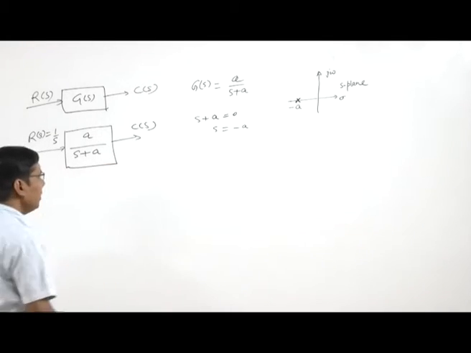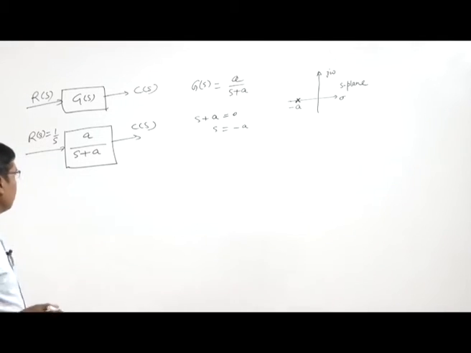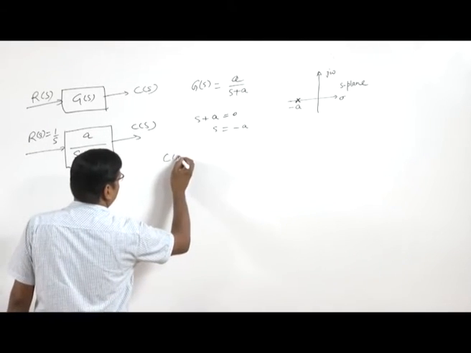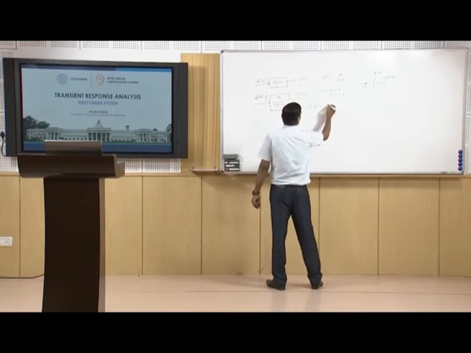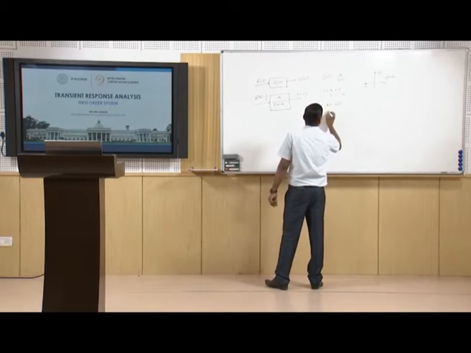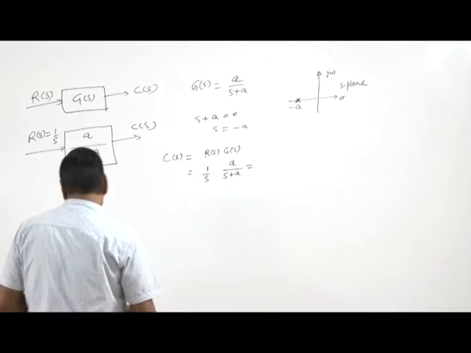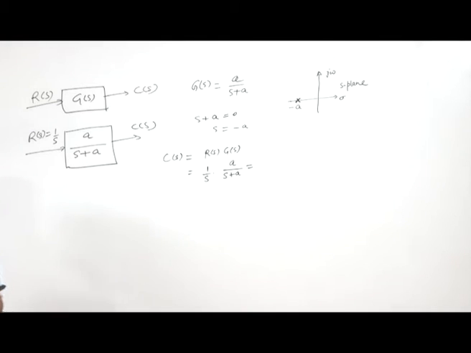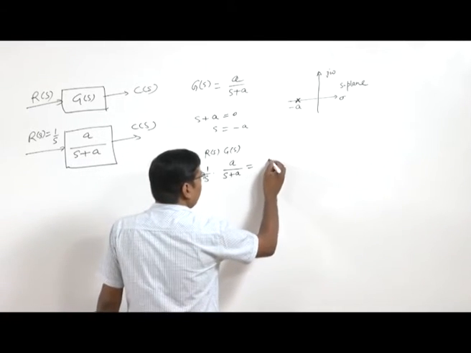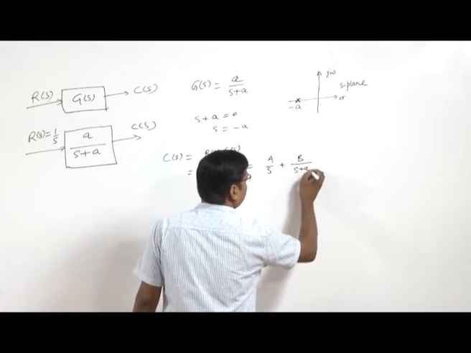Now if this system is subjected to a unit step input, C(s) equal to R(s) into G(s). R(s) is 1 by s into G(s), which is a upon s plus a. We can solve this as A upon s plus B upon s plus a.